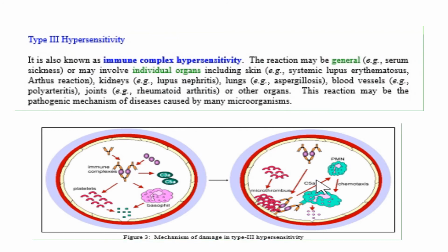Diagnosis involves examination of a tissue biopsy for deposits of IgG and complement by fluorescent microscopy with the aid of the immunofluorescence test. The immunofluorescent staining in type 3 hypersensitivity is granular, as opposed to the linear type of type 2 hypersensitivity reaction.